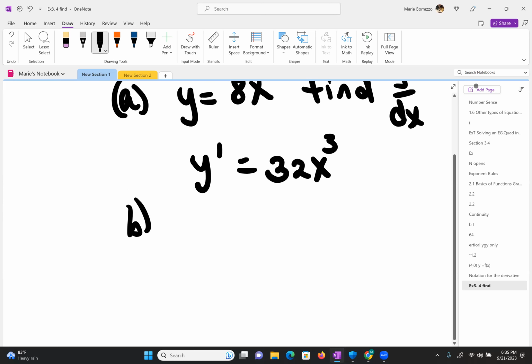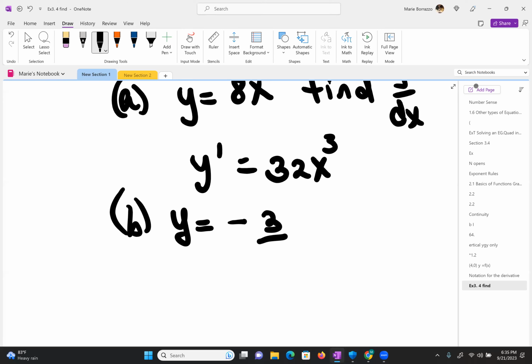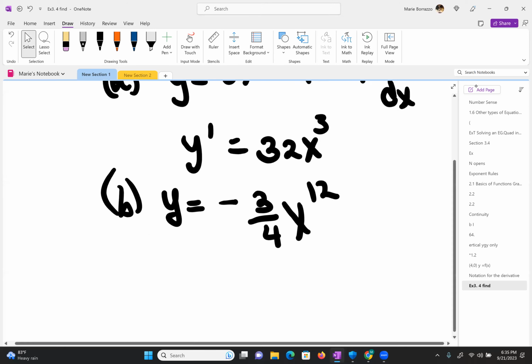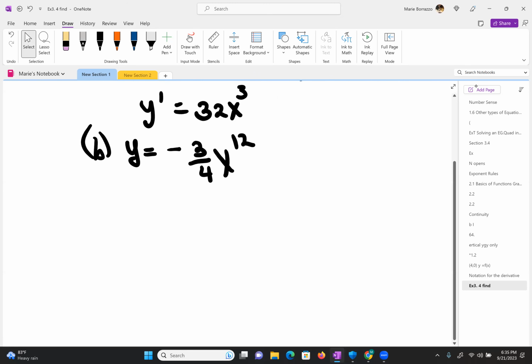In part B, they ask you a very similar question, but this time they say y equals negative 3 over 4 x to the 12th power. What do you think the derivative is? Think about it.